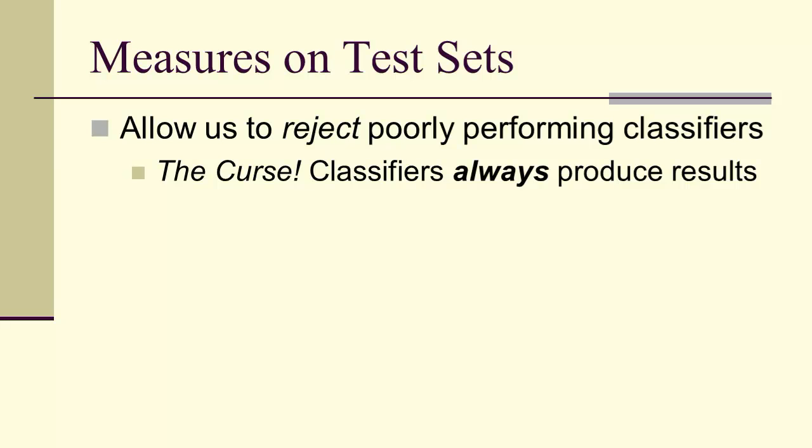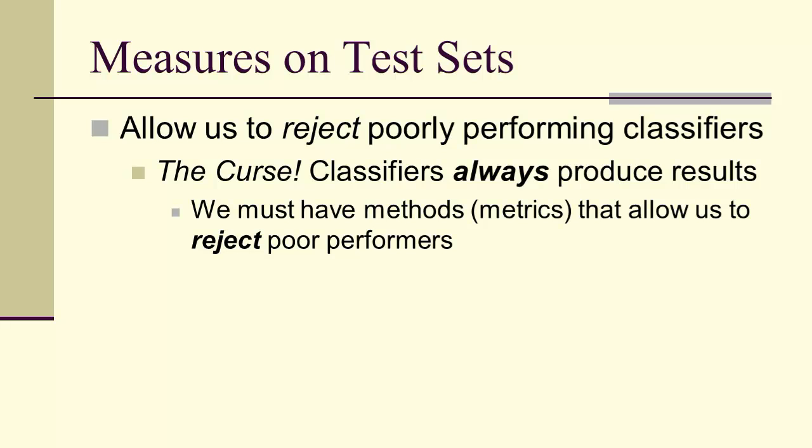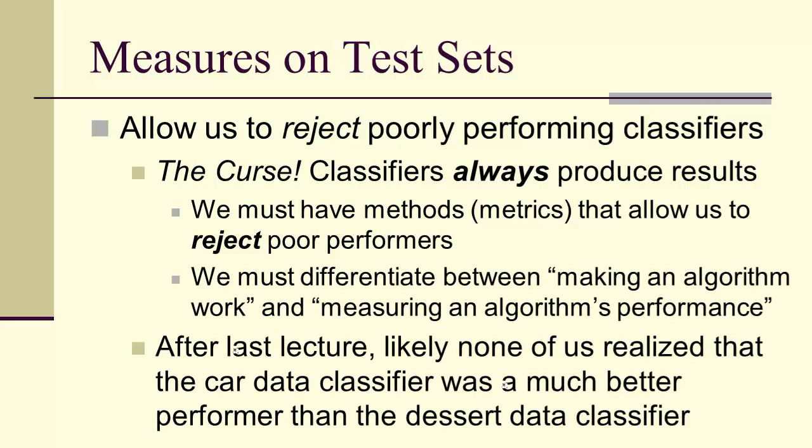It's going to classify into either class 1 or class 0. So that means that metrics allow us to reject poor performers, and that means we have to differentiate between making an algorithm work and measuring an algorithm's performance. So two entirely different ideas.